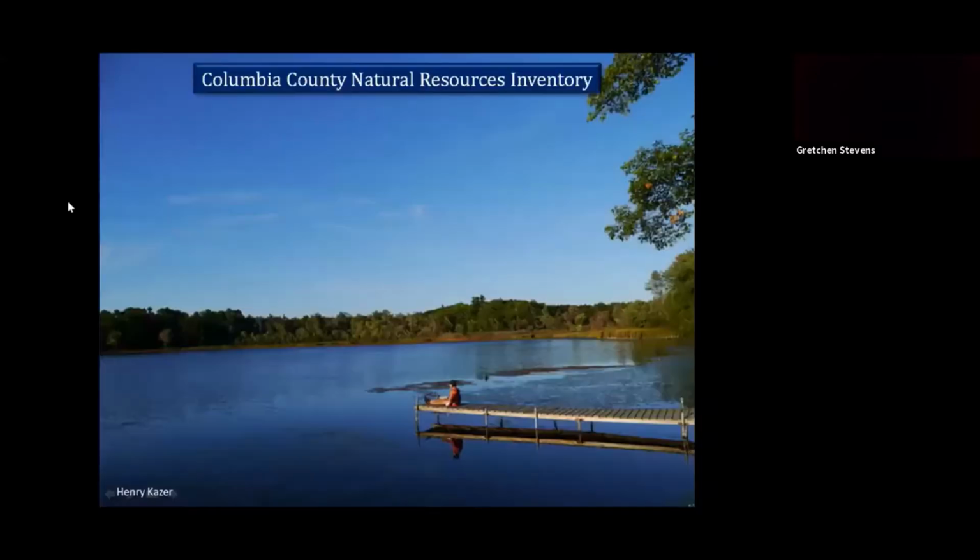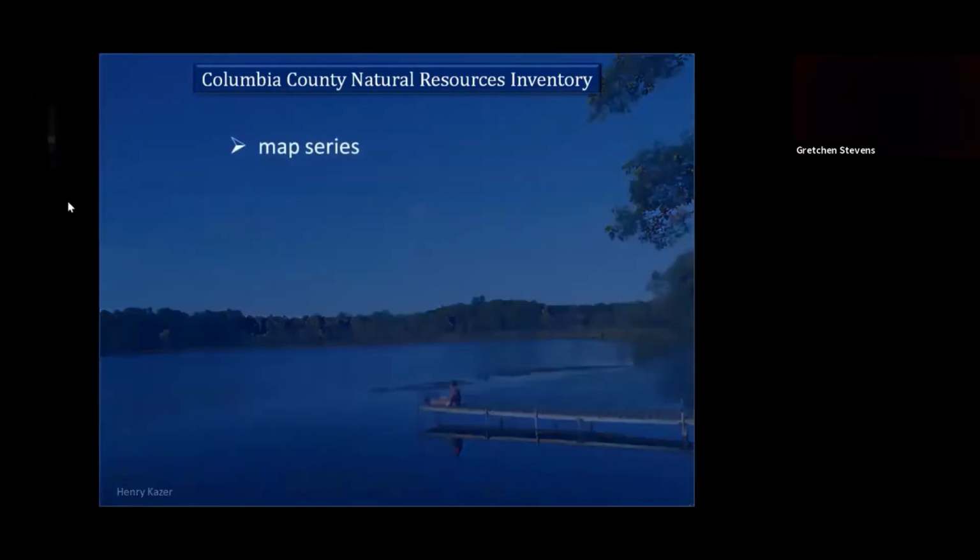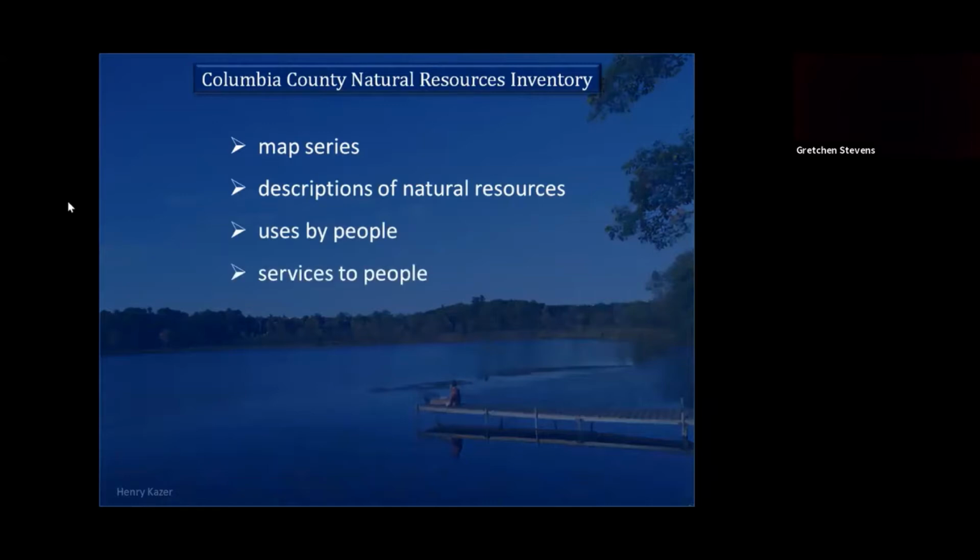So how are these resources covered? There are maps and descriptions of natural resources. There are discussions of past and present uses by people. The services that natural resources provide to the people of the county. Threats to resources of conservation concern.